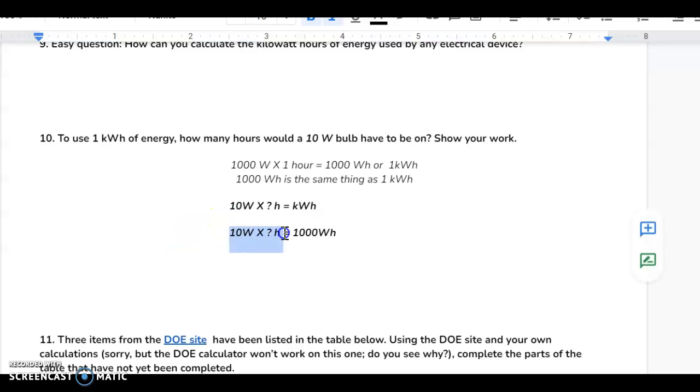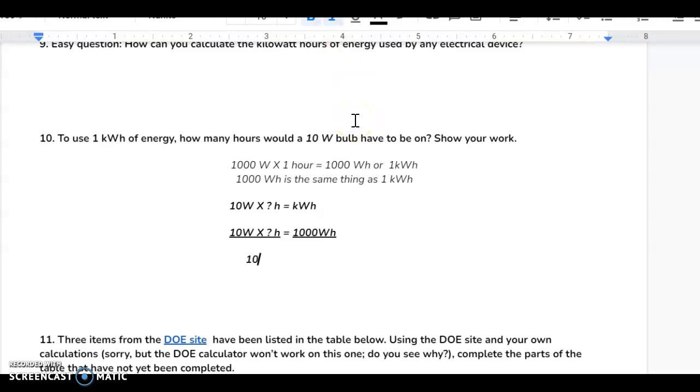Now we're going to divide both sides by 10 watts. So what we're left with is number of hours. So division, and we'll go over here and divide by 10 watts here. I guess we still need that bold.